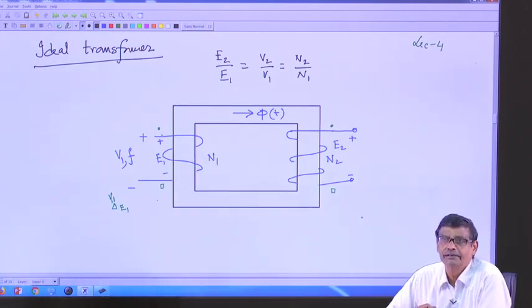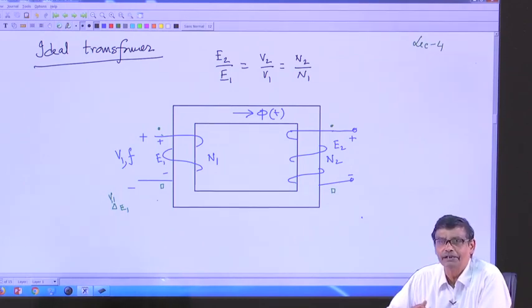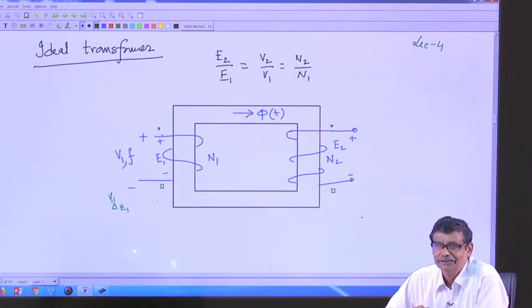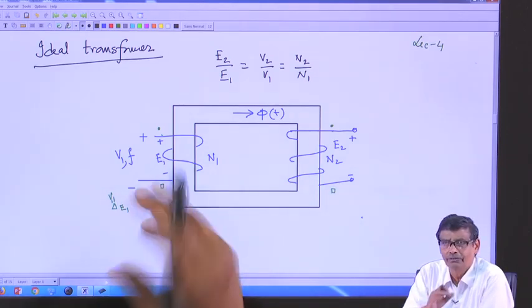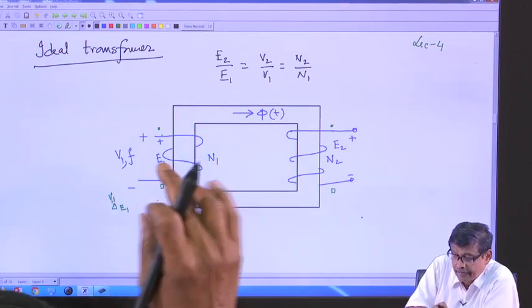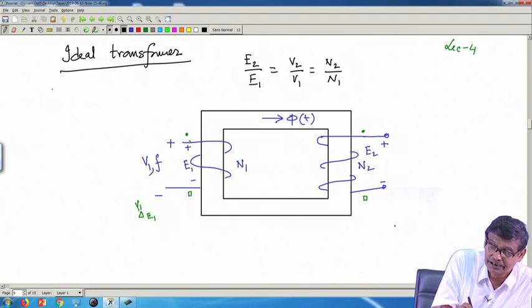What else? Because no resistance. See, essentially N 1 d phi dt is nothing but L di dt. From your circuit analysis, you know, if time permits we will dwell upon that, but the point is, so if I want to draw the phasor diagram, I will do it like this.